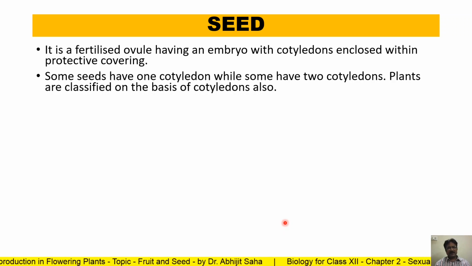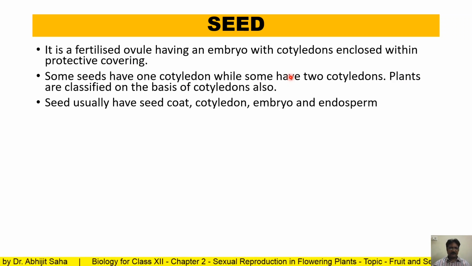Some seeds have one cotyledon and some have two cotyledons. In our previous discussion, we saw that plants are classified as monocot plants and dicot plants. So the number of cotyledons in the seed can also form a basis of plant classification or classification in angiosperms.